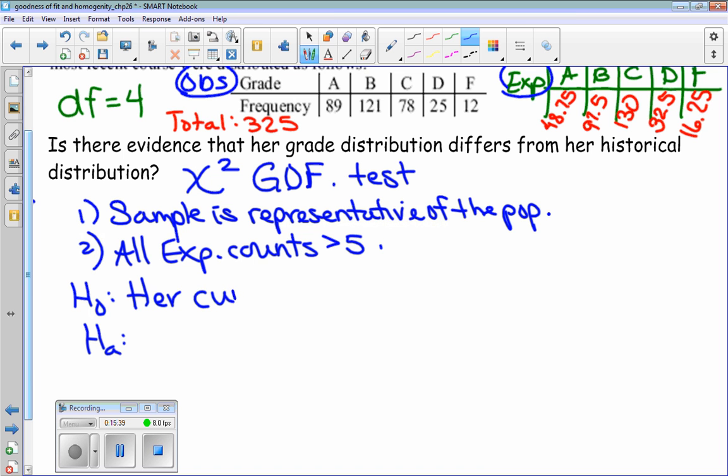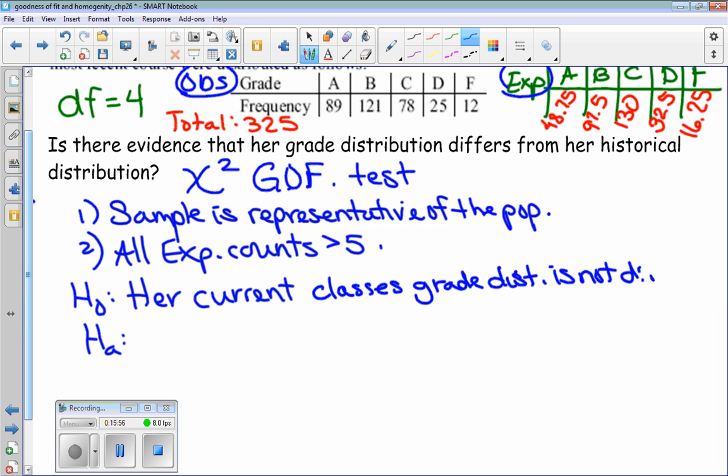Her current class's grades are no different. And then the alternative would be her current class's grades are different.